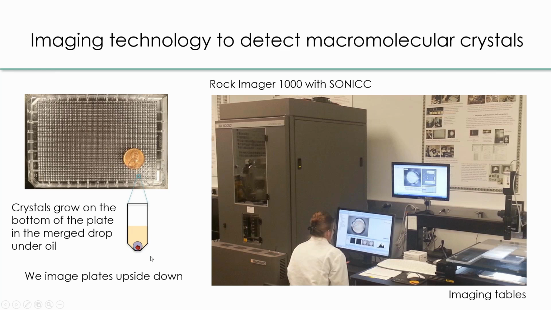We turn the plates over, and for our imaging technologies to actually detect crystals, we use both imaging tables for visible images that have been made here at HWI, and we also use a Rock Imager 1000 with Sonic. This is really our workhorse for detecting crystals and especially detecting nanocrystals, which we'll talk about as time goes on here.